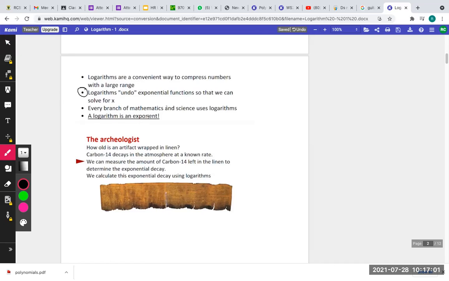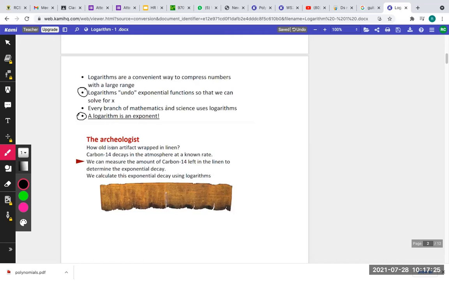In every branch of mathematics and science, logarithm is used. And remember this important keyword: a logarithm is basically an exponent. That means the power. Exponent means the power, and the power is the logarithm. You will know later what it means.